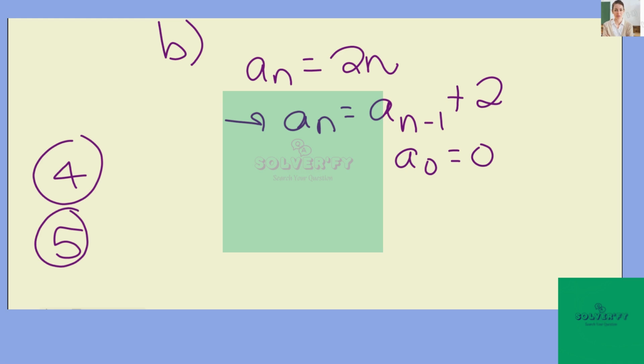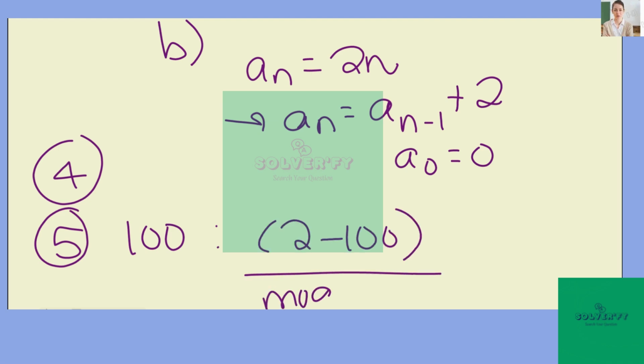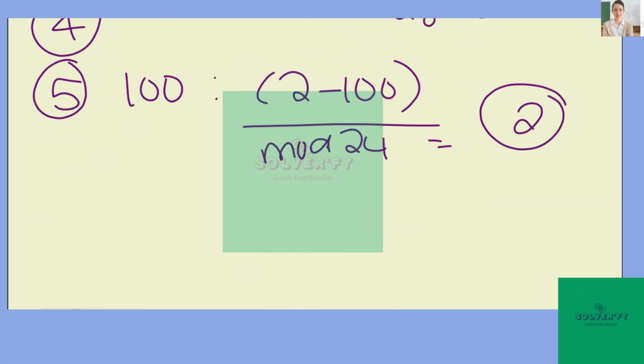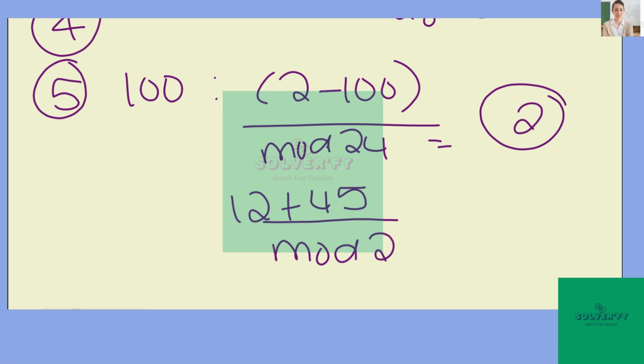For A5, we're going to take our 100 hours before 2 o'clock. That's going to be 2 minus 100 mod 24, which is equal to negative 98 mod 24, which is equal to 2. Then 45 hours after, we need to take 12 plus 45 mod 24, and that is going to give us 9.